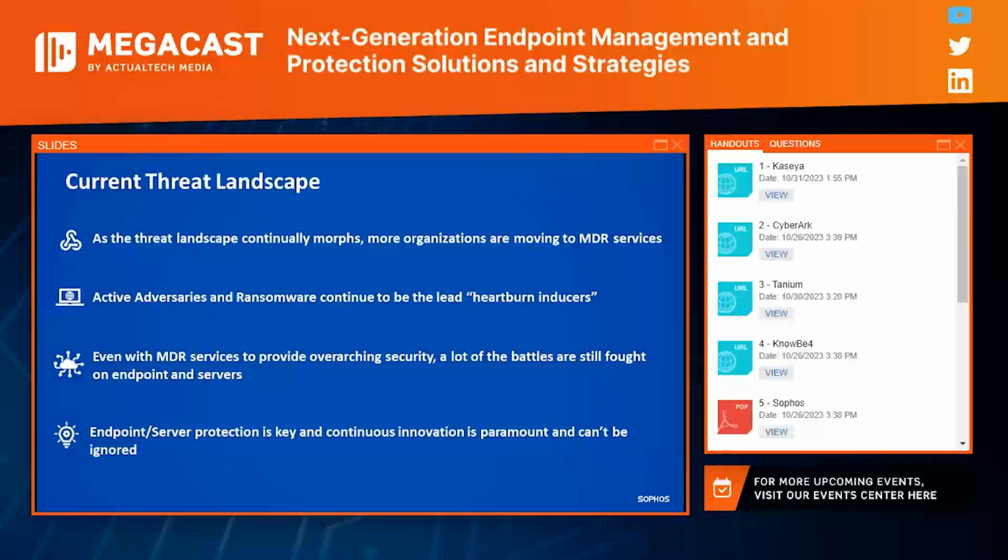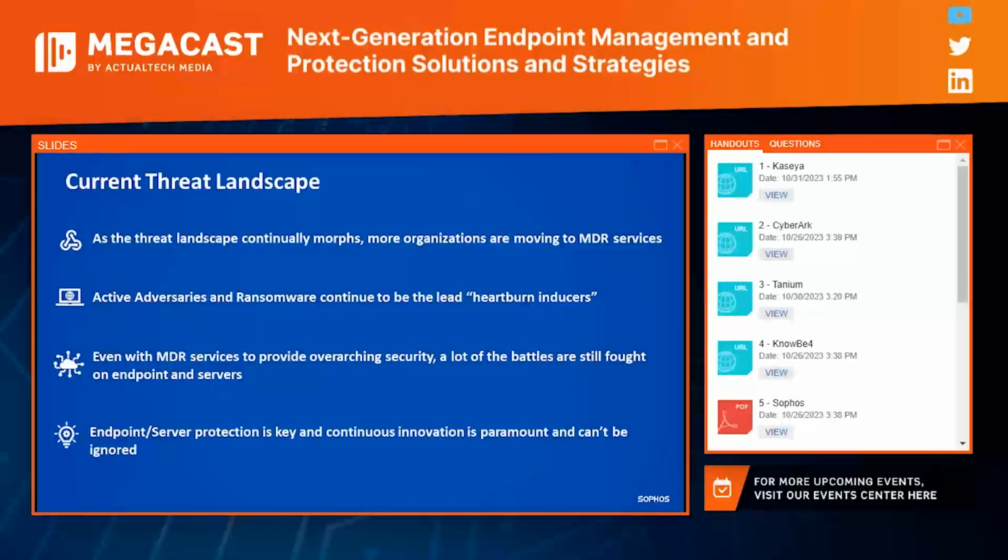And even with MDR services that provide that overarching security, a lot of the battles are still fought, won and lost at the endpoint and server level. And with that being said, it is a necessity for your endpoint and server protection to continuously innovate.